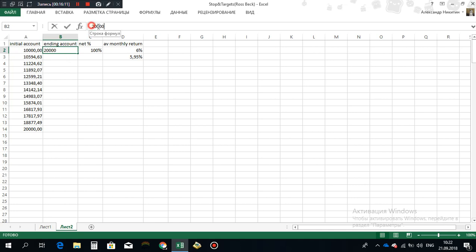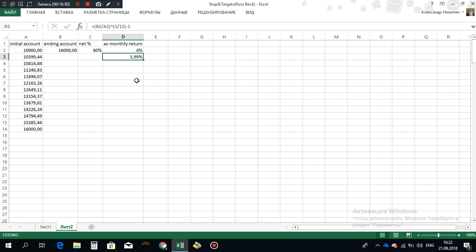Nobody is doubling, almost nobody. So 60% a year. It means that the majority of traders, professional traders, and the best traders on earth actually generate 3-4% a month.